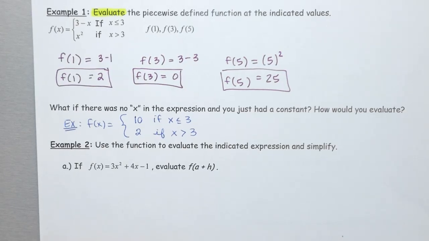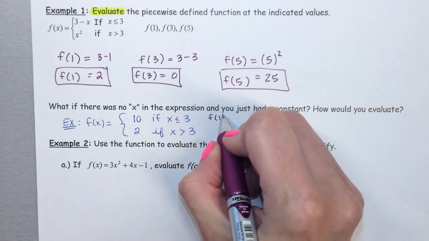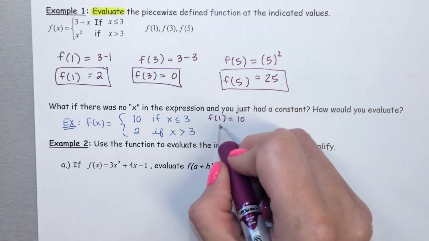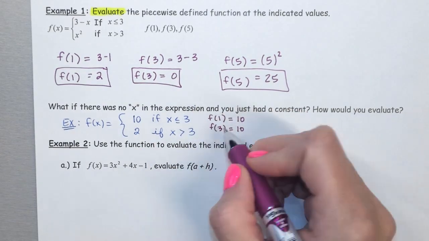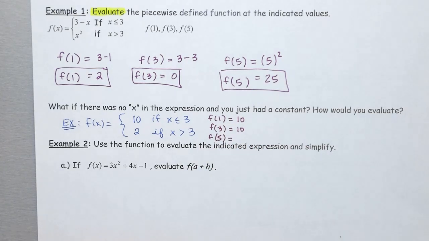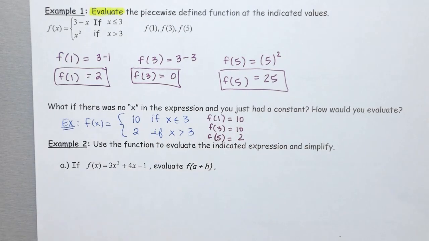If you had to find f of 1, do we know what our solution would be? It would equal 10. Again, if we did f of 3, that would equal 10. If we found f of 5, that would be 2, because it's going to be on that interval.